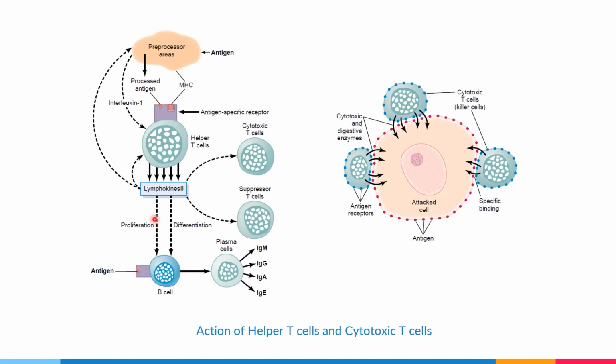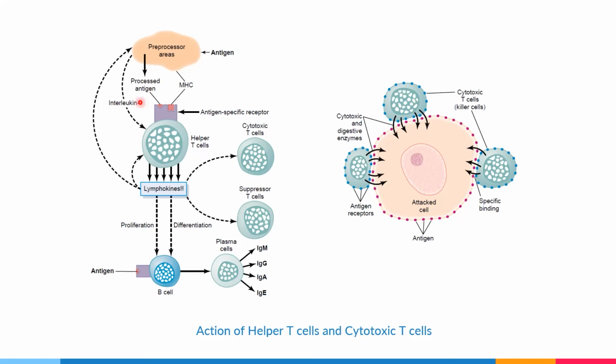Finally, they also act directly on the preprocessor areas such as the macrophage system and activate them and allow a large number of macrophages to be activated to attack the infectious agents. And finally, the lymphokines also act directly on the helper T cells themselves to promote their proliferation and growth and allow more helper T cells to be activated to fight infections.